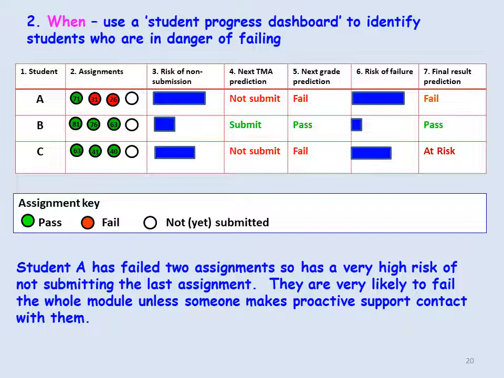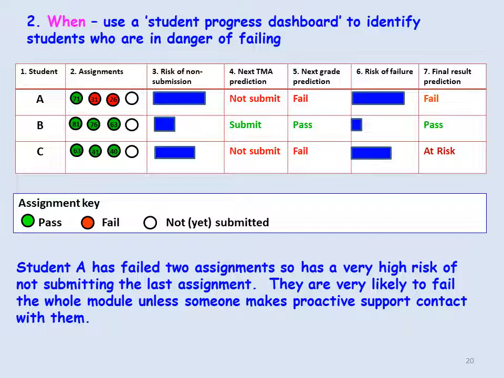Student C has passed 3 assignments, but with rather low grades, so is at risk of failing overall. Student B, however, is doing pretty well, so we don't need to make contact with them. So we should intervene with students A and C to support them.